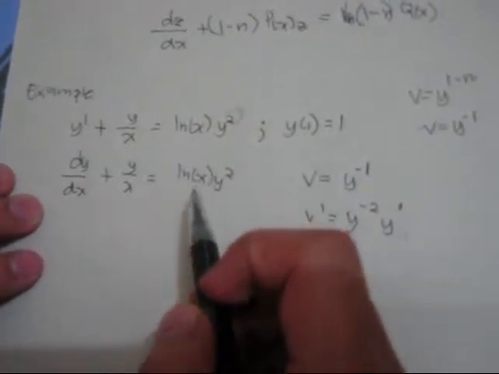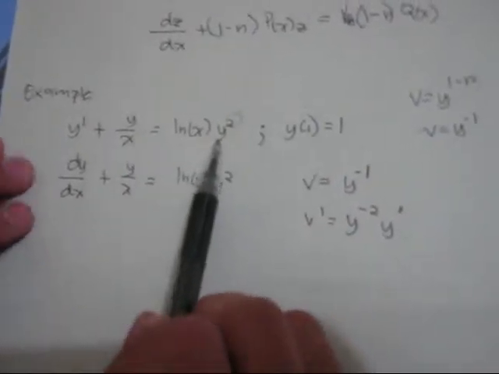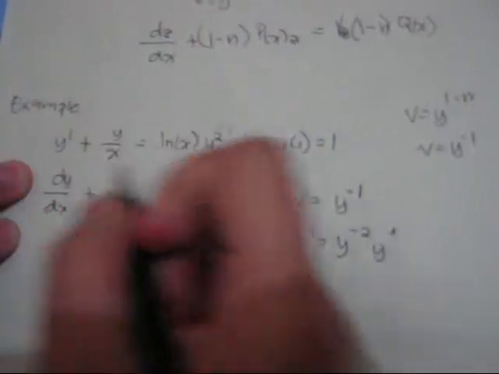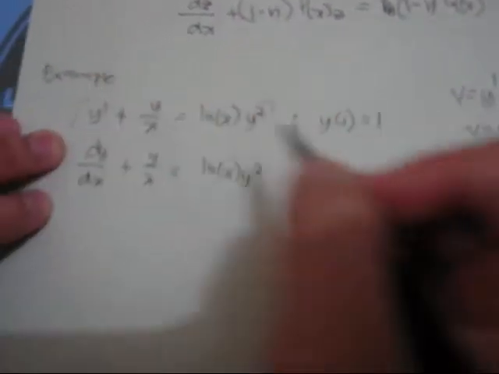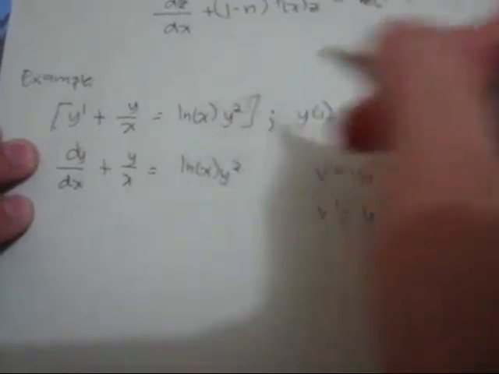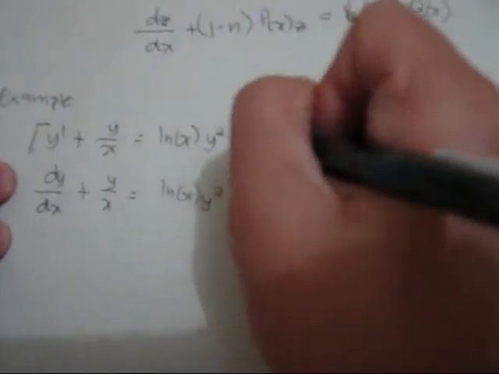So we have to multiply this one by 1 over y squared.